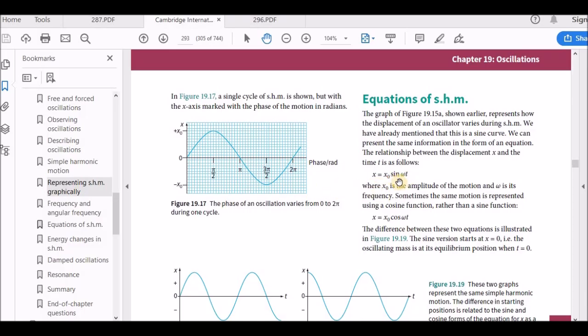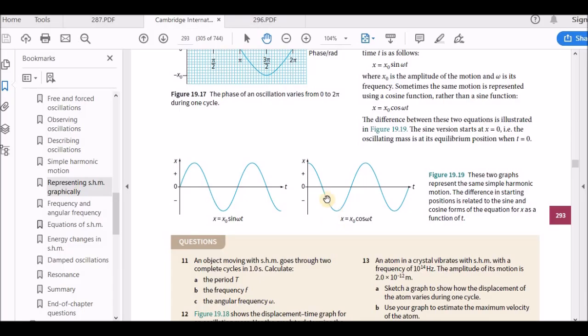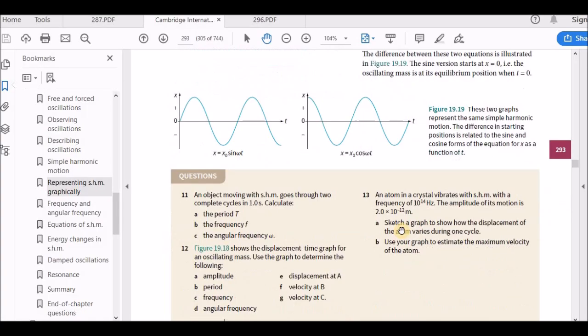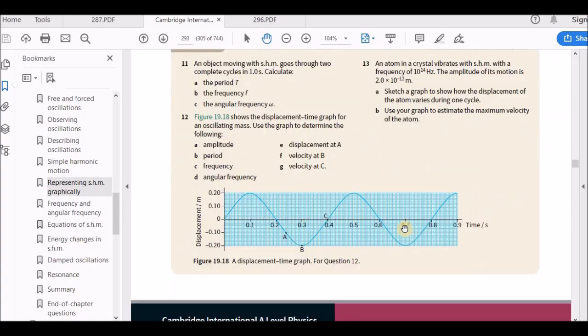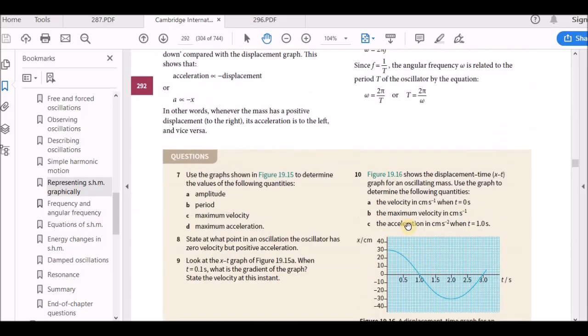Remember, if it starts at the origin, it is a sine graph. If it already has a displacement when t is equal to 0, it will be a cosine graph. So you have to know that.